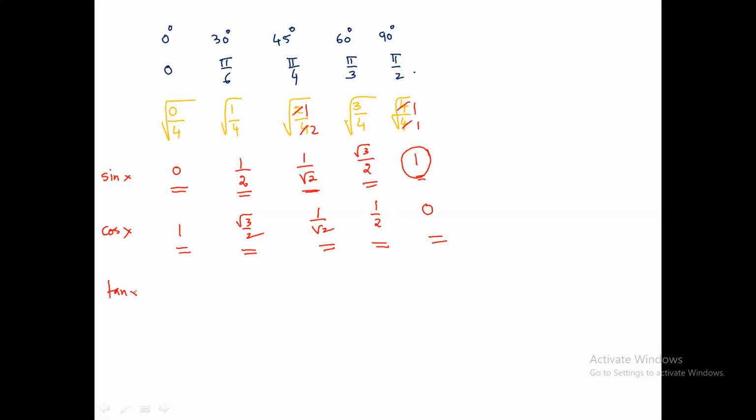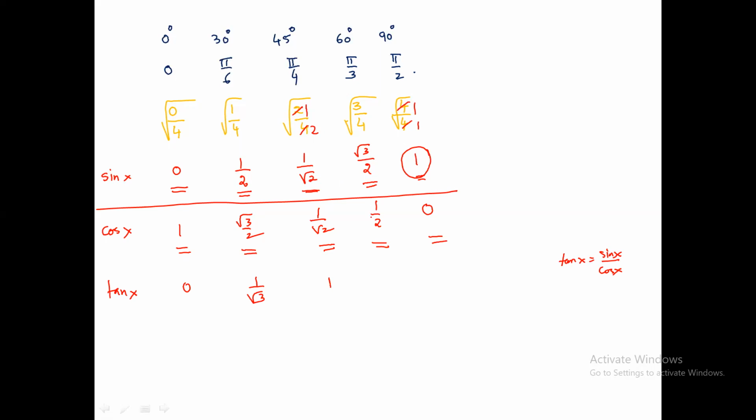Next, for tan x, you have to divide sin x by cos x, because tan x is sin x by cos x. So 0 by 1 will be 0. 1 by 2 and root 3 by 2, when you divide, you will have 1 by root 3. 1 by root 2 and 1 by root 2 will cancel, giving 1.